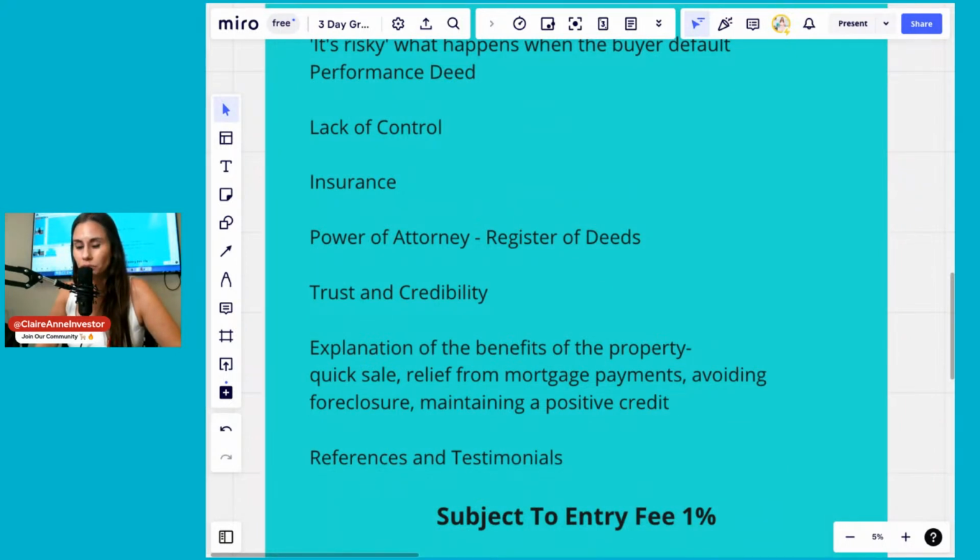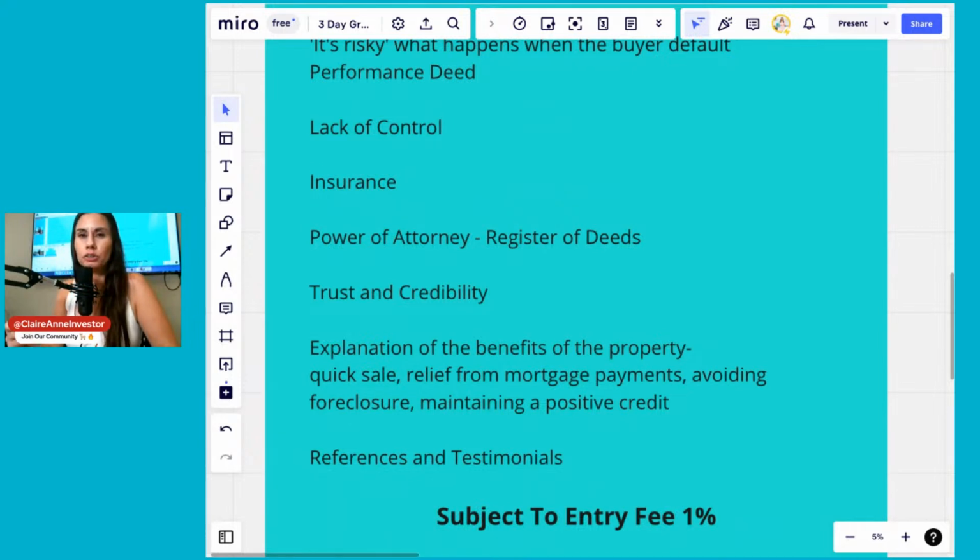If somebody is in foreclosure, it's a lot easier to actually catch them up and go through that whole process. And I was saying earlier that you need to pick a title escrow company that actually does subject to, because all title escrow officers are not created equal.